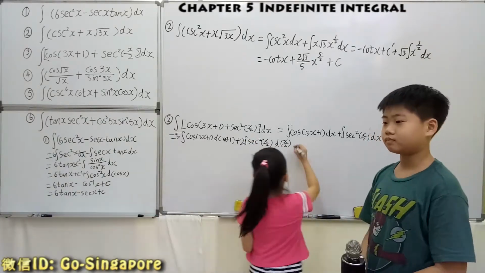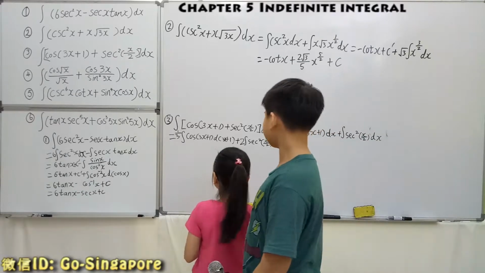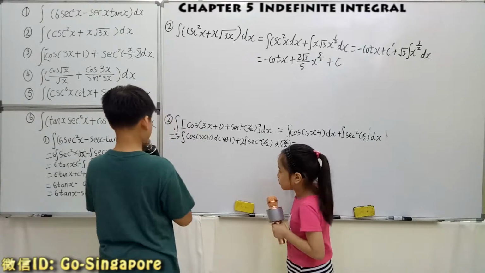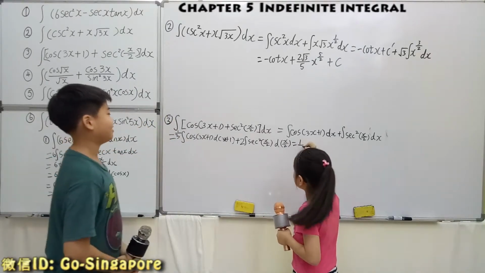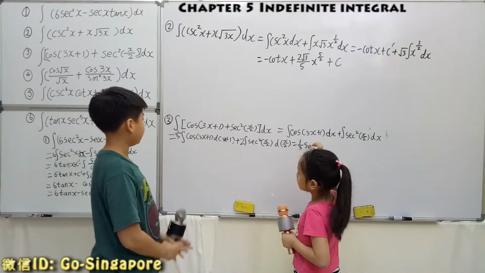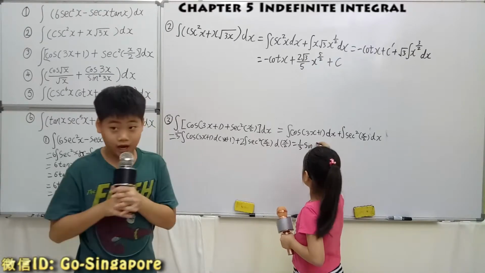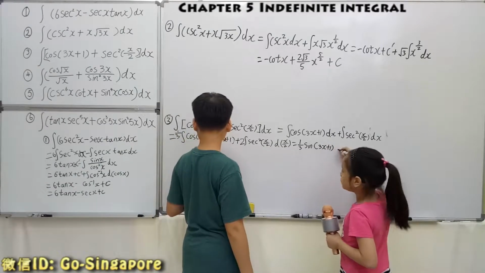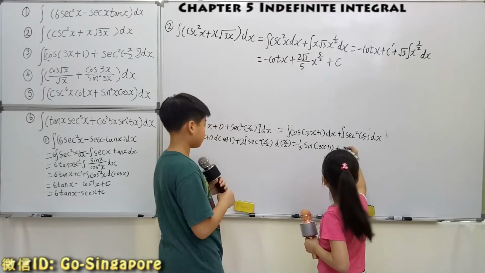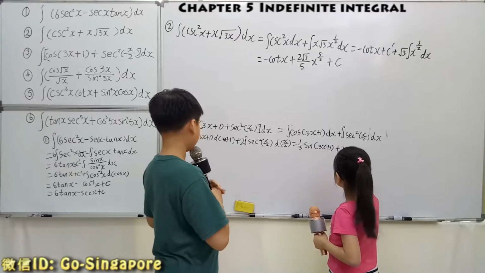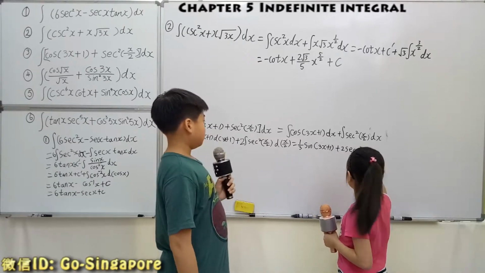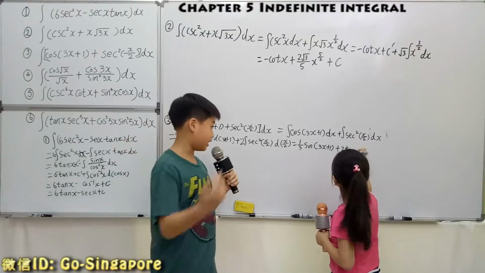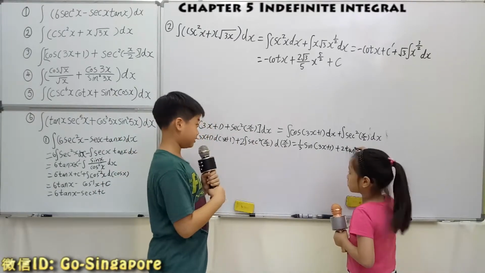Continue. Now we integrate, right? Of course. So cosine comes from a sine, yes. Secant square becomes tangent.